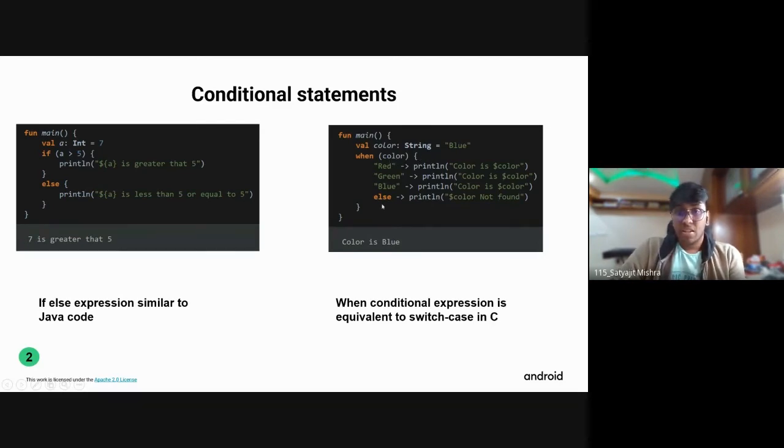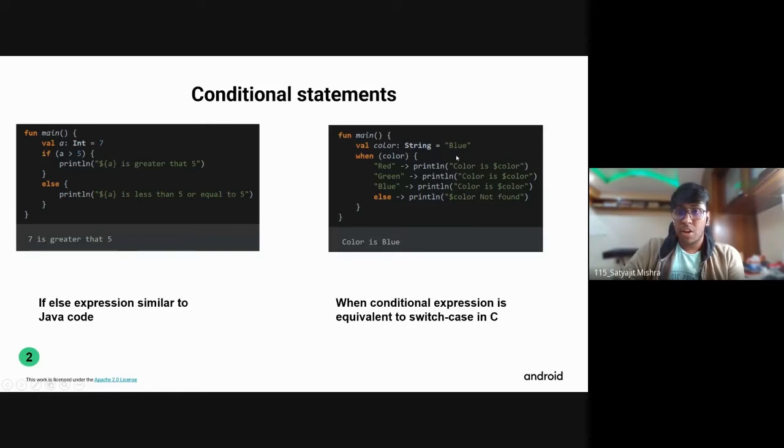Inside curly braces, we directly give the values to compare with, like red, green, or blue, and we use the arrow operator. If the value is red, then print the color is dollar color. Dollar color means it will print the value of the variable color instead of printing dollar color.